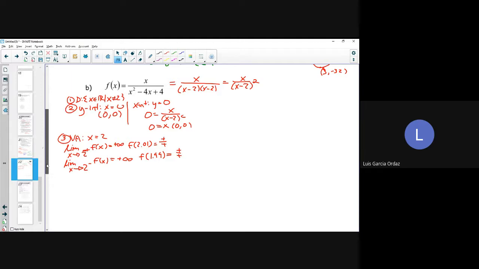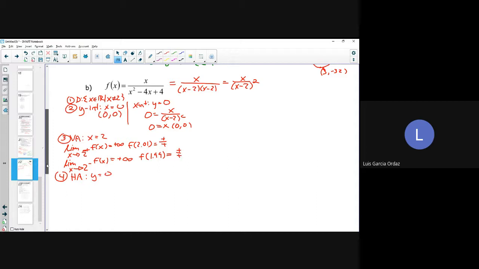Now I need to figure out my horizontal asymptote. So in this case, when I do my horizontal asymptote, I'm just going to get 0 over 4. And that's just going to give me 0. So y is equal to 0 is my horizontal asymptote.